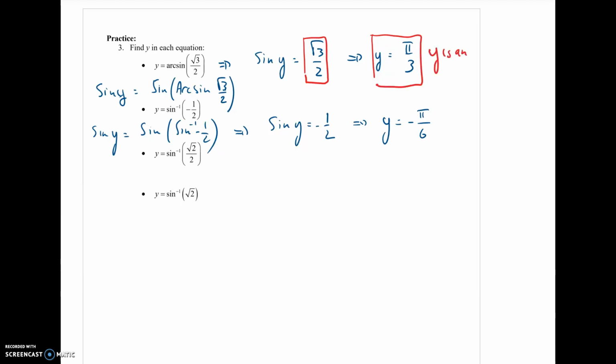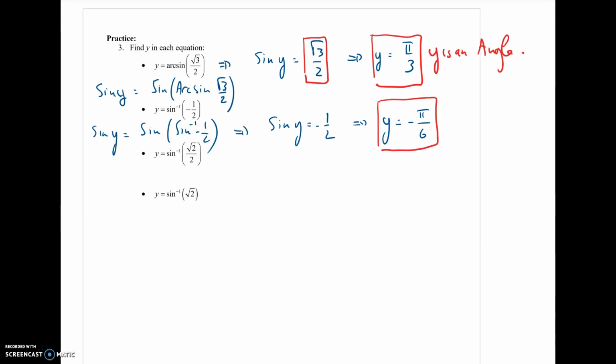Y is an angle. I could do exactly the same thing for y equals sine minus 1 of negative 1 over 2. I take the sine of both sides and end up with sine y equals negative 1 over 2. And the only angle that gives you a sine equal to negative 1 over 2 will be negative pi over 6.